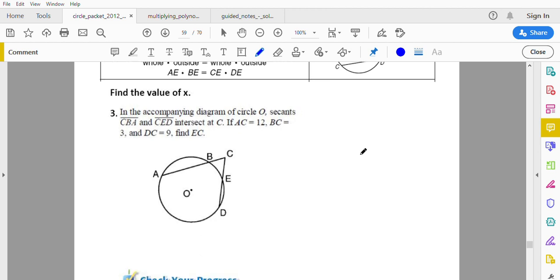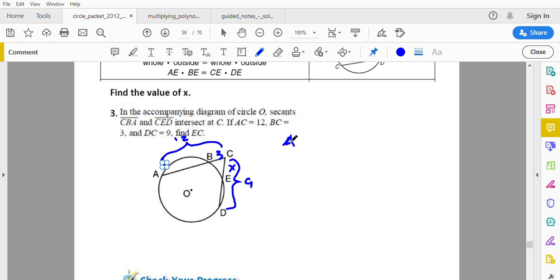Okay? So, in the accompanying diagram of circle O, secants CBA and CED intersect at C. AC, this whole thing, is 12. And BC is equal to 3. DC is equal to 9. And they want to know EC. So again, what are we going to say?